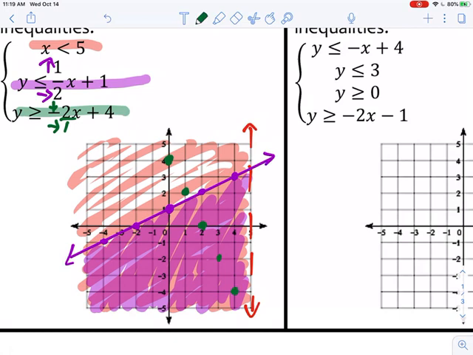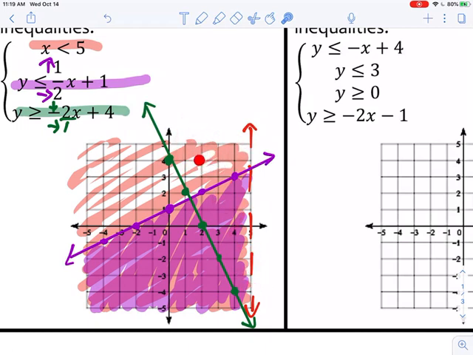And this is a solid line because it is or equal to. So I'm going to see if I can make it. Yay. All right. Now this says y is greater than. So from my y-intercept, I want to go up. So that means everything on this side of this line is golden.